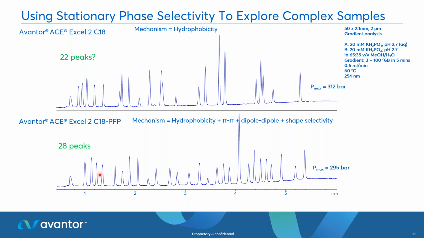You should really exploit different mechanisms of interaction when you've got more complex mixtures and unknown samples. And often you'll get separation of things that were coming out in the T0 when you go to a more polar phase or a phase with different mechanisms like those pi-pi and dipole interactions.